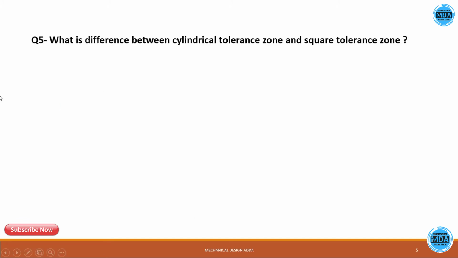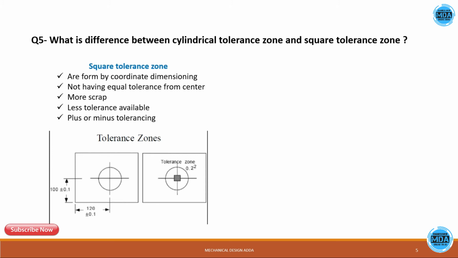The question is, what is the difference between a cylindrical tolerance zone and a square tolerance zone? First we will discuss the square tolerance zone. The square tolerance zone is formed by plus or minus dimensions. In the square tolerance zone, if you see here, the distance from the center is not equal.